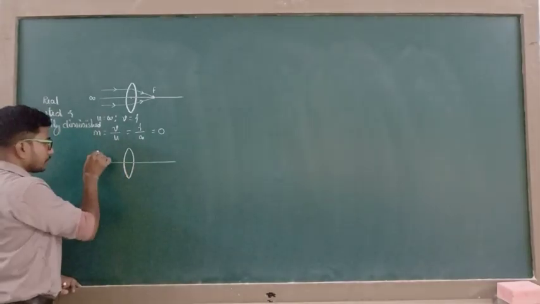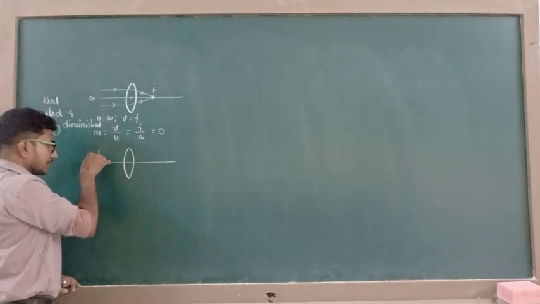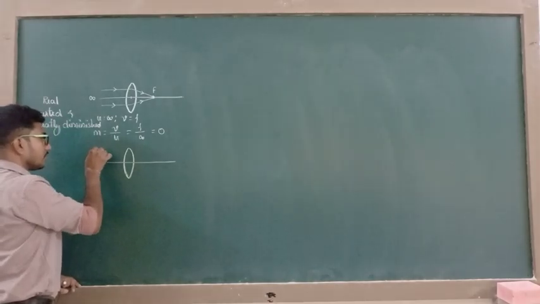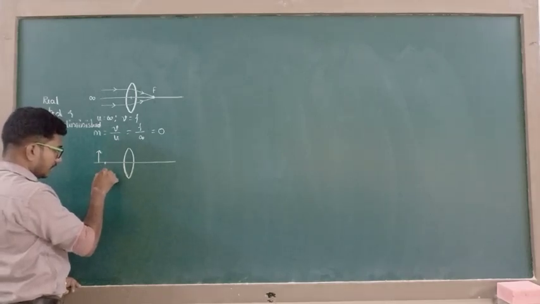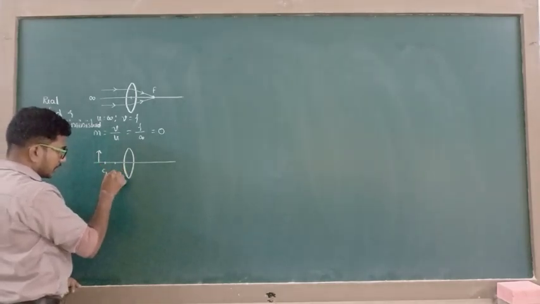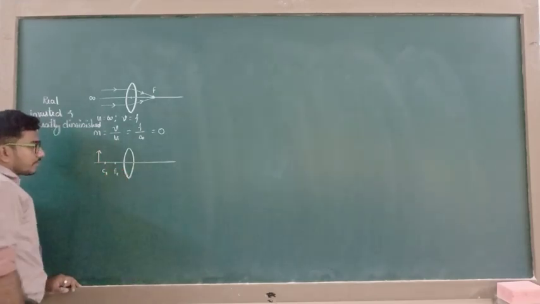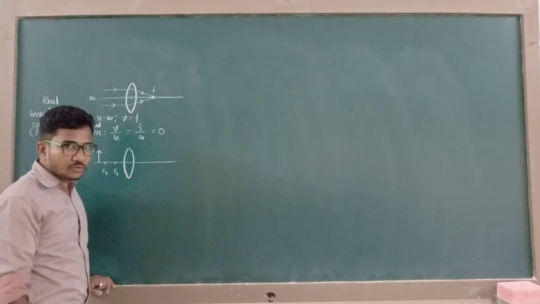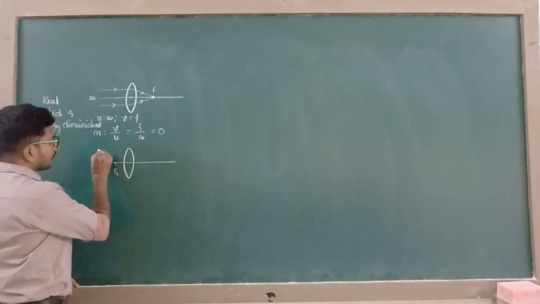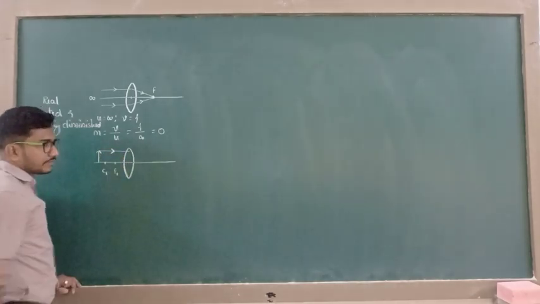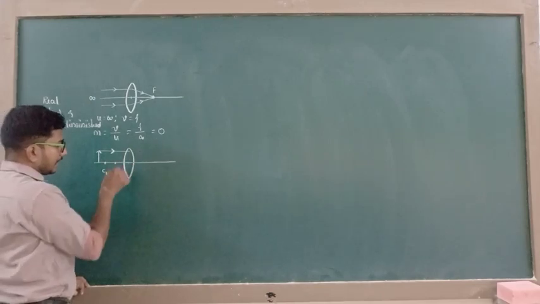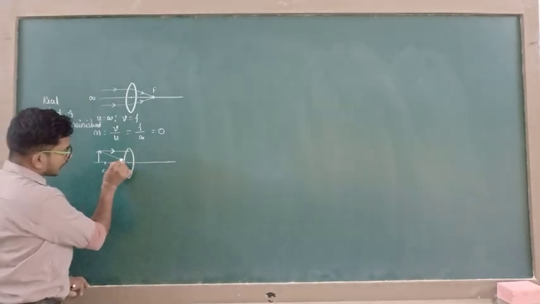an object lies beyond the first center of curvature. So just imagine, this is the first center of curvature C1, primary principal focus F1. We know there is a need of two incident light rays. First, a light ray parallel to the principal axis, direction of incident light ray. Second, a light ray made to pass through the optical center.